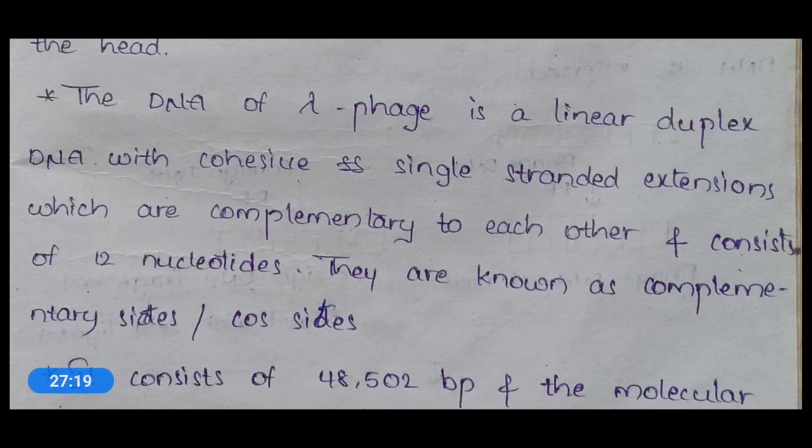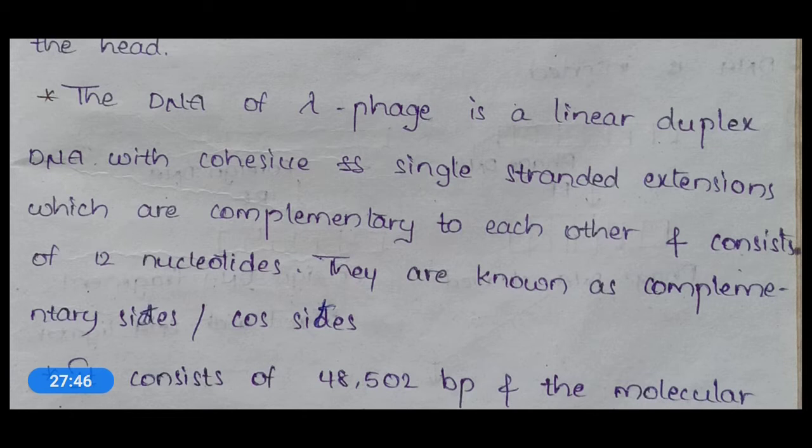Okay, so here if you take lambda phage as an example for bacteriophage vector, this lambda phage consists of a linear duplex DNA, and it will have cohesive ends.